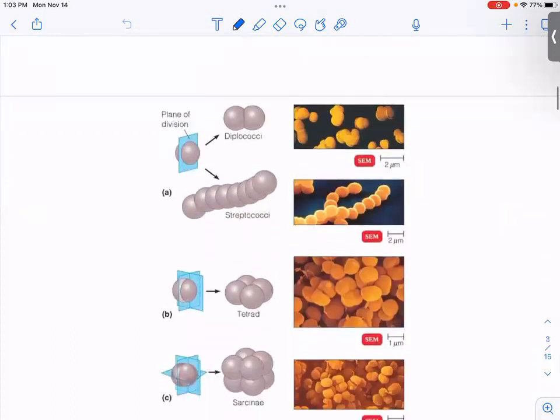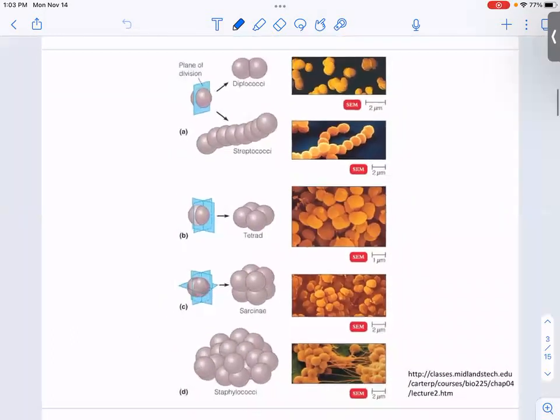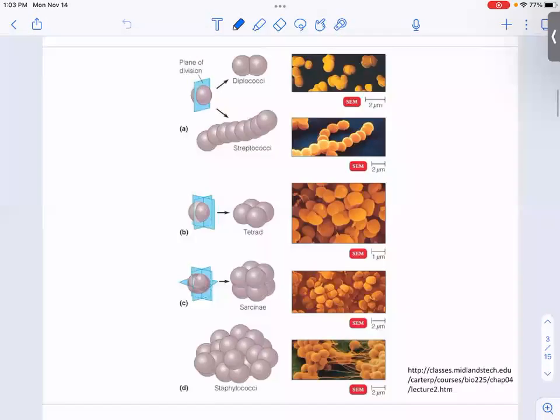So remember back early on in the semester, we talked about the different cell arrangements that we see for cocci, for round cells. Sometimes if they only divide in one plane and then stay stuck together, they form chains. Strept, I think, is Greek for chains, so the streptococci form chains.